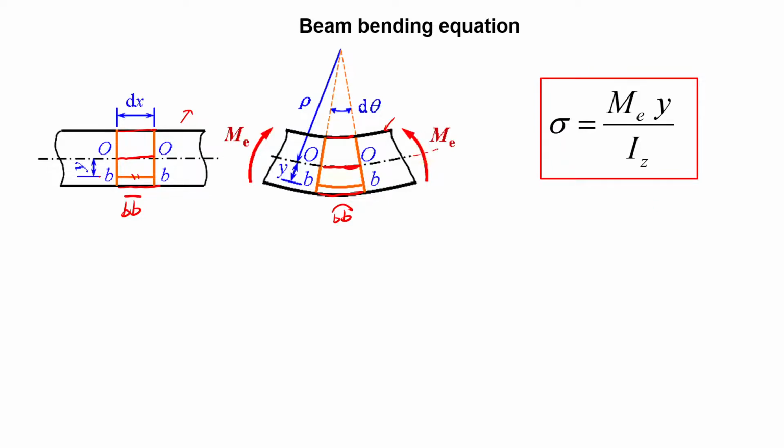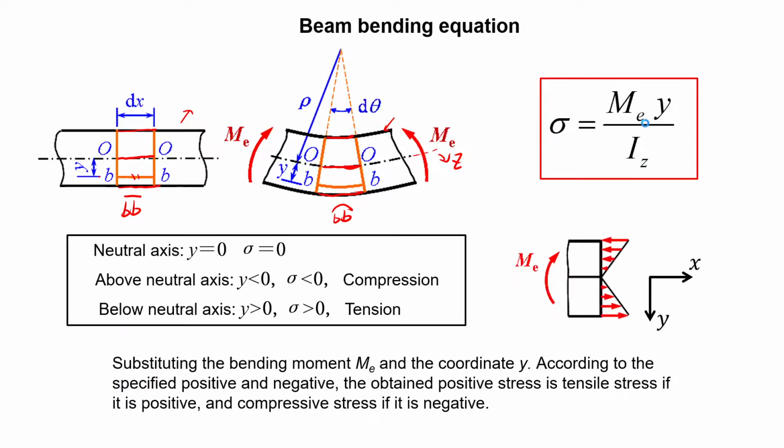We assume this is the Z axis, so this is the second moment of area. Now, if we substitute some values of y, essentially looking at any arbitrary position along the beam, what happens to the bending stress?